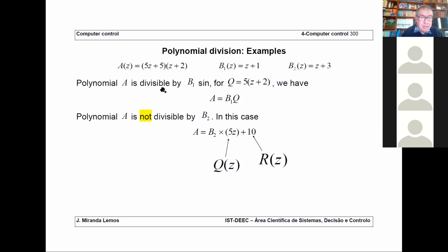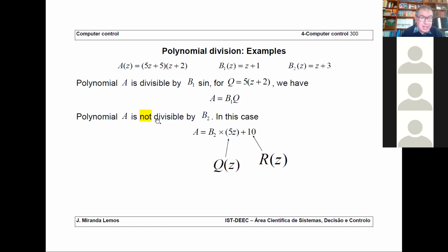Polynomial A is divisible by B1, because B1 is Z plus 1, so what you get as the quotient is 5Z plus 2, and A is equal to B1Q, where Q is the quotient 5Z plus 2.